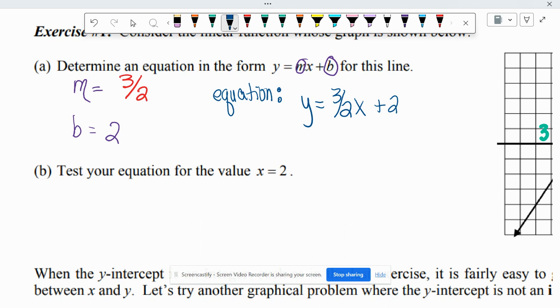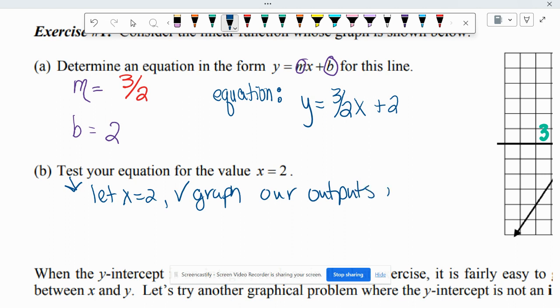So question B says test your equation for the value of x equals 2. So when we test it, we're going to let x equal 2, and then we're going to check the graph and make sure that our outputs match. That's what it means. So whatever I get algebraically should match what the graph has graphically, right?